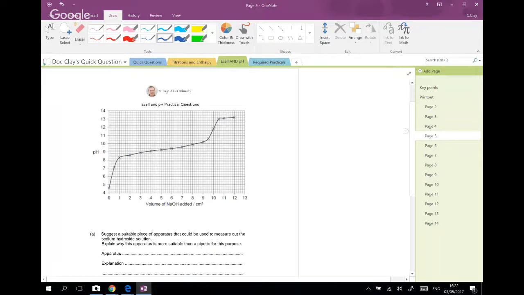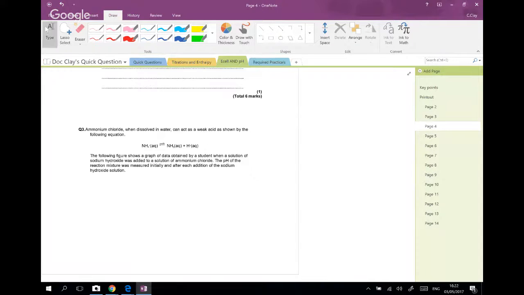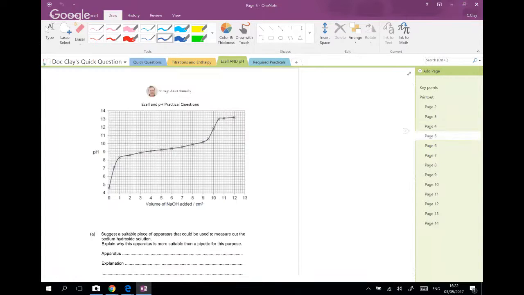The rest then of question 3. The following figure shows a graph of data obtained. So now we're looking at an acid-base reaction. The pH of the reaction mixture was measured initially and after each addition of sodium hydroxide solution. So here we've got a pH curve that we've seen before, and what we're observing here is the initial change.